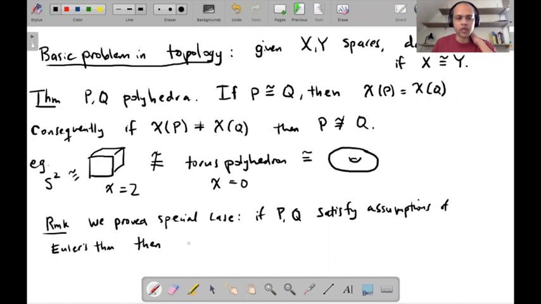Well, last time we gave an argument showing that P and Q are both topologically equivalent to S2. And so in that case, we have the setup of this theorem. We have two polyhedra and P is topologically equivalent to Q. And so the theorem predicts that P and Q have the same Euler characteristic.